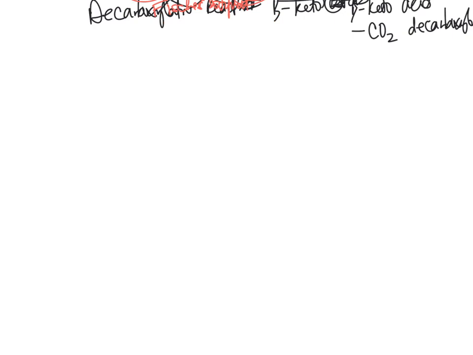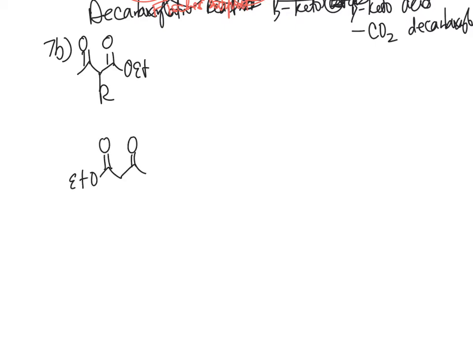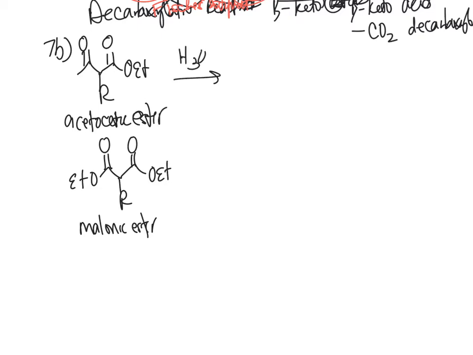All right, now we're on 7B. Acetoacetic ester and malonic ester. This is your malonic ester and this is your acetoacetic ester. These products can undergo acid hydrolysis.